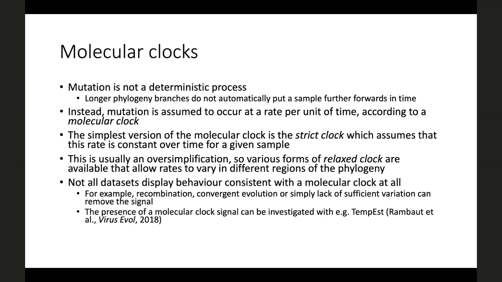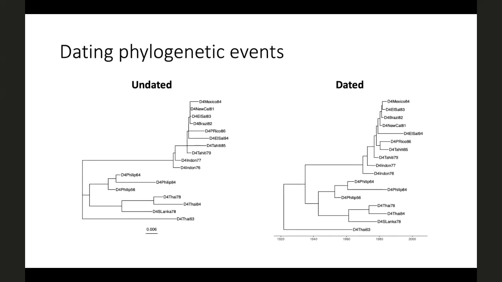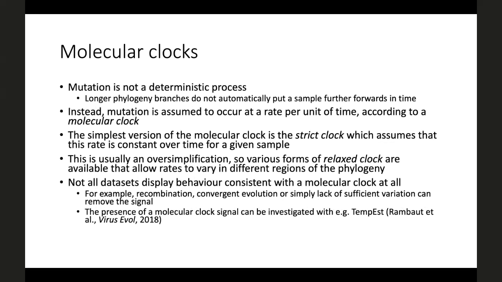This is usually thought to be an oversimplification, so there are various forms of relaxed clocks that allow rates to vary in different regions of the phylogeny under various different models, which I won't go into now, but there are quite a lot of different versions of a relaxed clock that have been allowed. It's important to notice that not all data sets will display behaviour consistent with a molecular clock at all. You may find that there's no particular correlation between how far your tree is from the root, if you've rooted the tree, and when it was sampled.